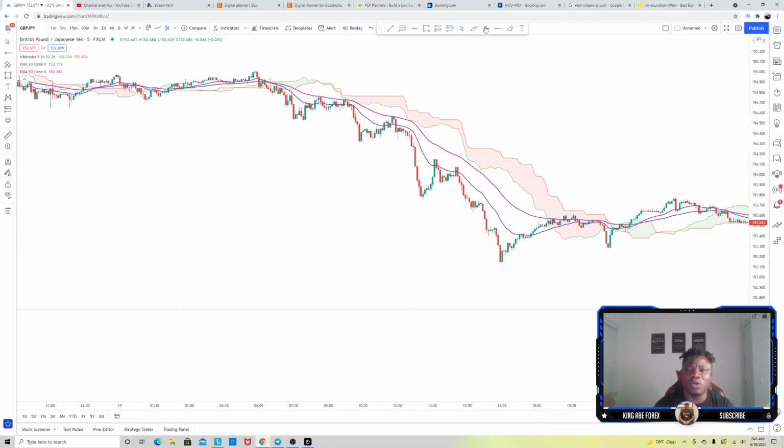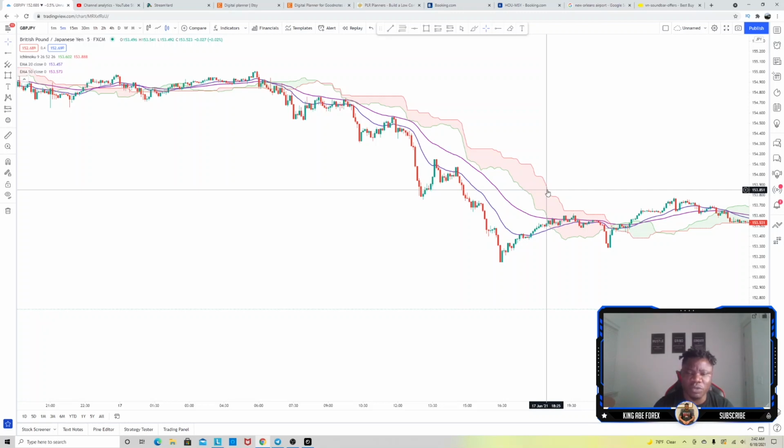This is your cloud right here. When this cloud is red, it means price is in a downtrend. So you need price to be below this cloud to get into a trade. For you to sell, you have to make sure that price is below the cloud.